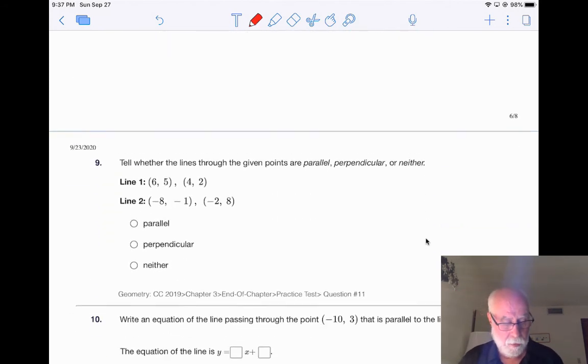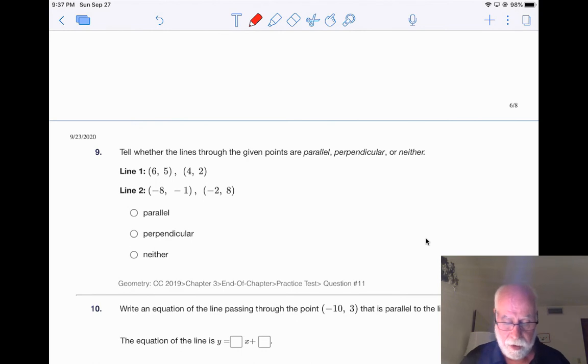Number 9, tell whether the lines through the given points are parallel, perpendicular, or neither. So remember, if we're going to find this to see if they're parallel or perpendicular, we have to look at the slopes. If the slopes are the same, we know that they'll be parallel. If the slopes are opposite reciprocals or negative reciprocals, then they would be perpendicular.